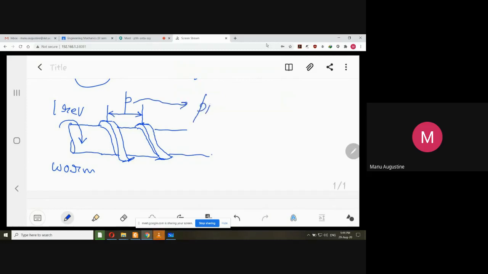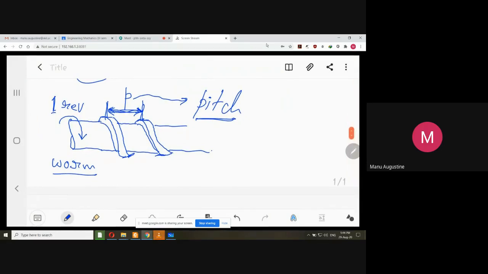So what is the definition of a pitch? A pitch is the horizontal advancement of a screw thread or a worm when one complete revolution of the screw is enabled. Or if you rotate the screw by one single revolution, then a horizontal advance of p distance, the pitch, is obtained.